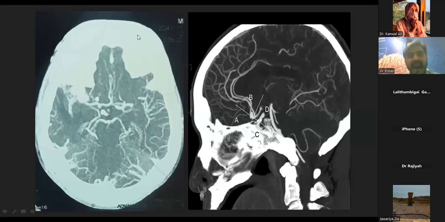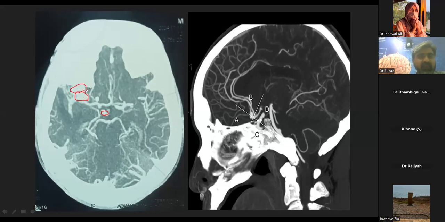It looks like a bilobed MCA aneurysm on the M2, M3 portion. Okay. So what about this one? And you are saying that this is the aneurysm. Yes, you're right. This is bilobed.